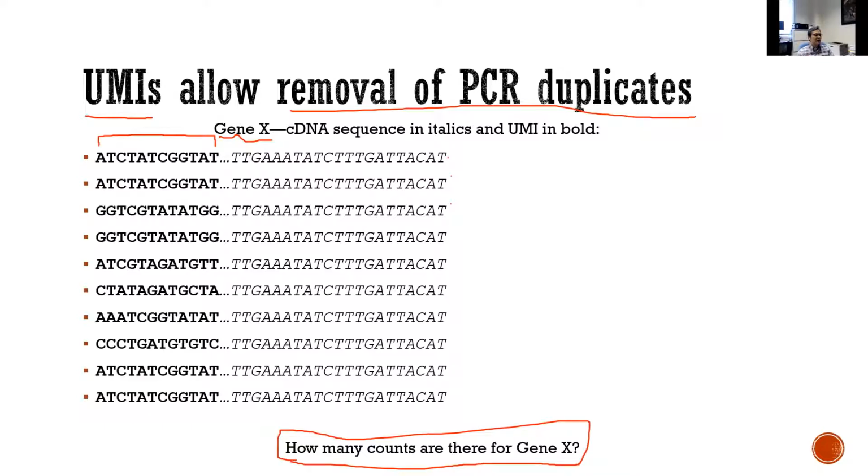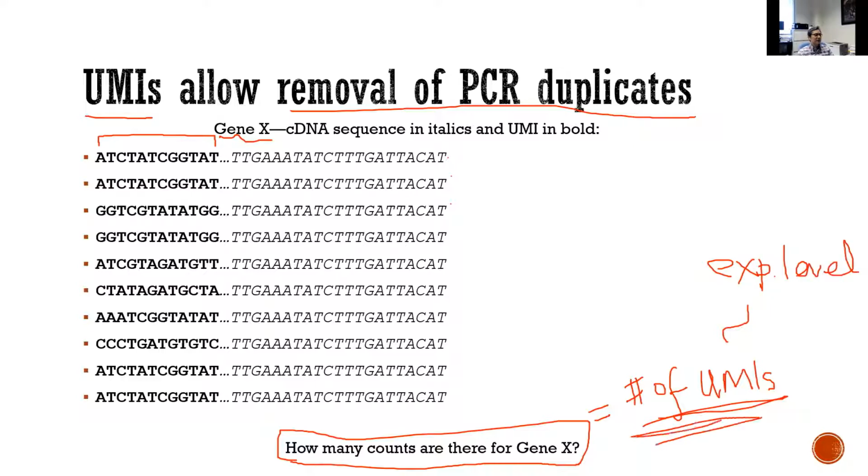In other words, I want to ask the number of UMIs for this gene, for this example. The number of UMIs will be proportional to the gene expression level. Okay, so this number will be used in our matrix to tell, for this particular cell, the gene expression level of gene X is whatever this number is.